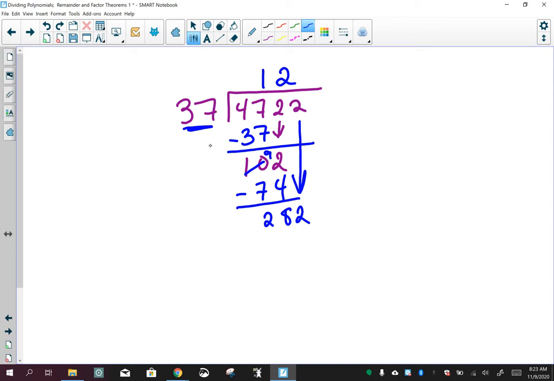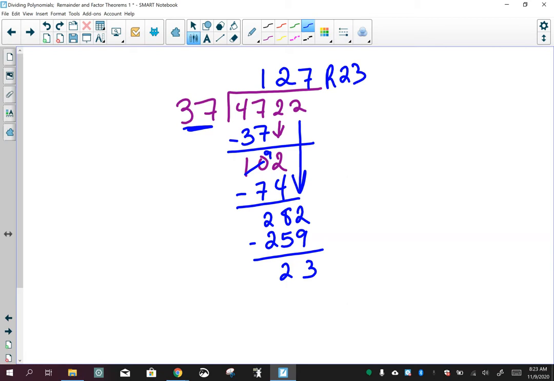And then if I go times 8, I wind up with more. So I have to go to 7, multiply that out. That gives me 259, but remember when it comes under, it needs to become negative. That gives me a 3, and then that winds up with a 2. The 23 is smaller than 37, and I have nothing else to bring down. So I have a remainder of 23.